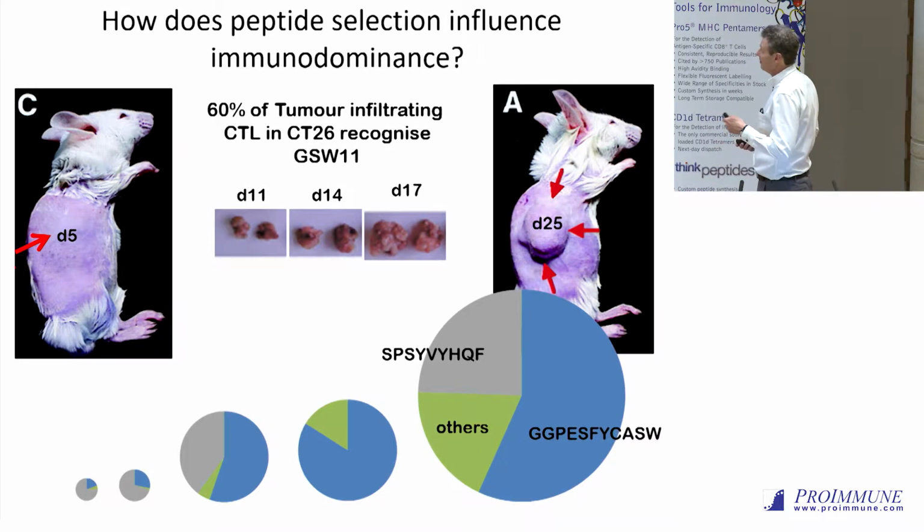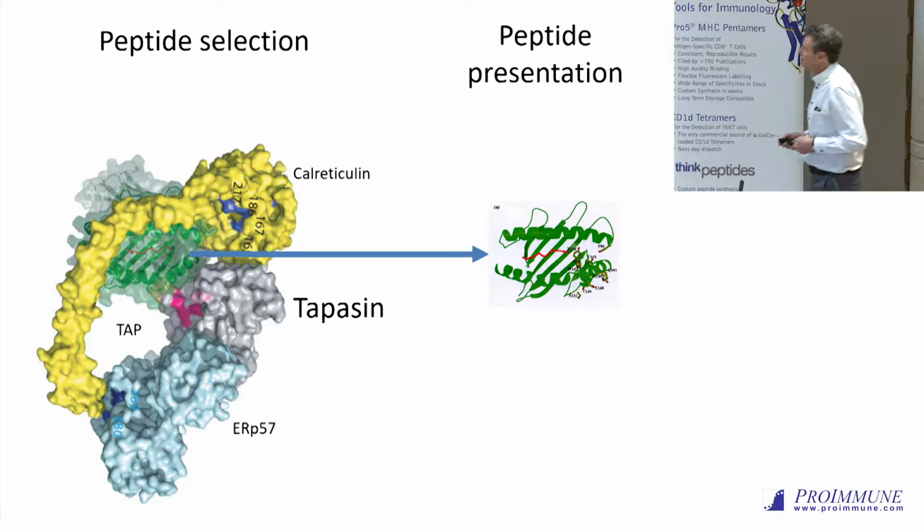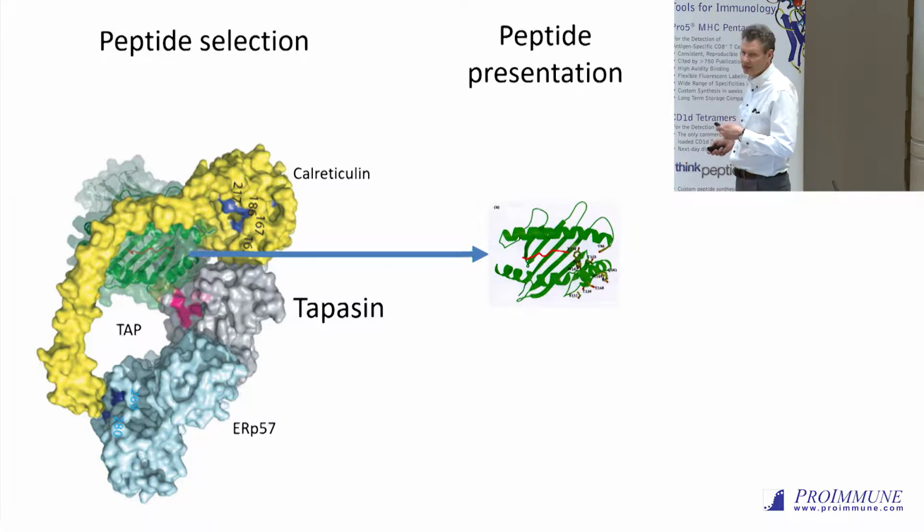So we're beginning to understand how this can come about. Just to remind you that this peptide selector function of MHC class 1 occurs when MHC is part of a large multi-protein complex comprising the ER chaperones calreticulin and ERp57, the TAP transporter, which is not in this model here, but lies in the membrane underneath this complex.